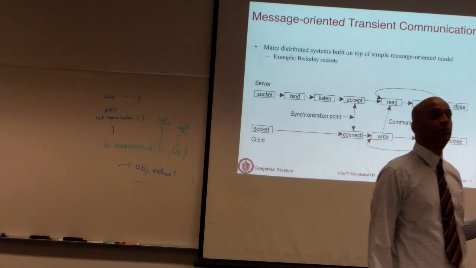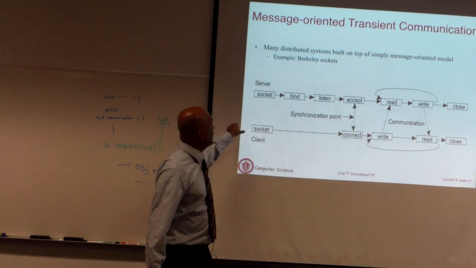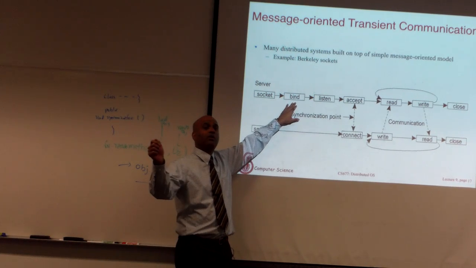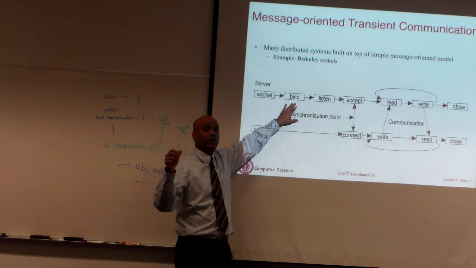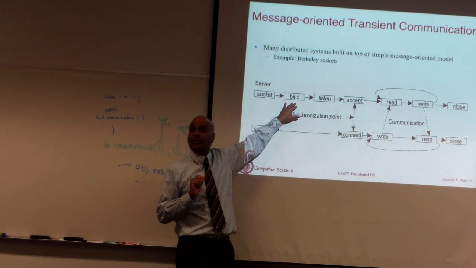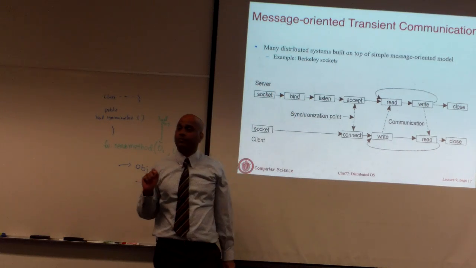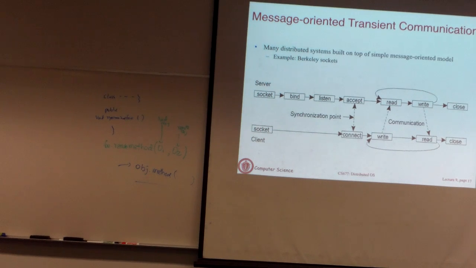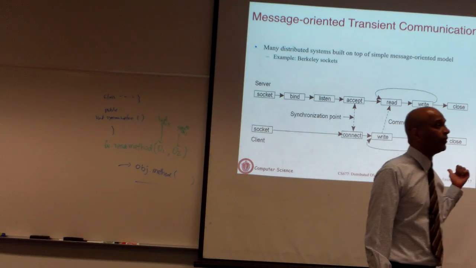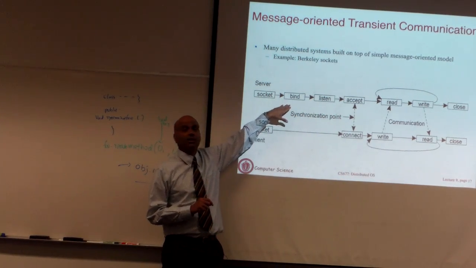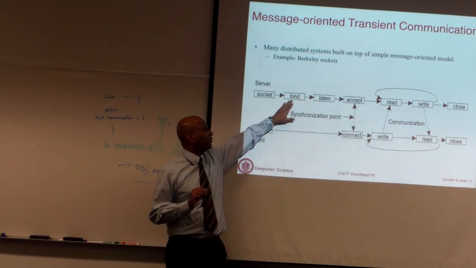Once you create a socket, on the server side, you are going to bind that socket, saying, listen on this port. So if you have an HTTP server, you create a socket and you will listen on port 80. That is where all the messages will come. But if you're writing an arbitrary application, you will have to pick some unused port on that machine and bind your socket to that port.